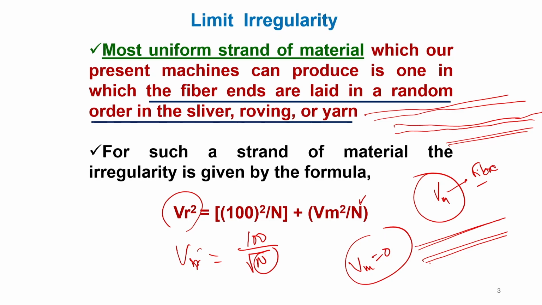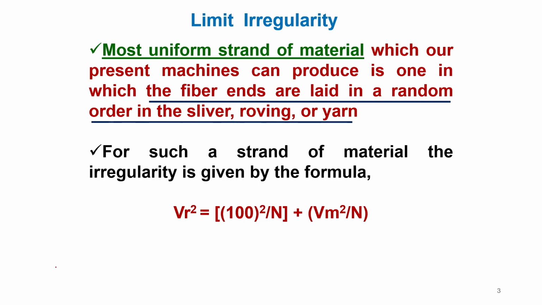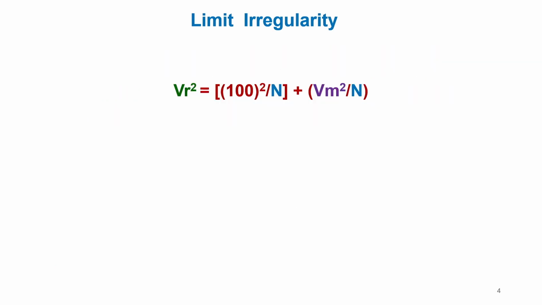So, this fiber variability is actually denoted by Vm. So, where the fiber variability is considered, this equation will be used, and where the fiber variability is neglected, the equation is reduced to Vr equal to 100 by under root n. So, Vr square equal to Vm square by n, n is the number of fibers.